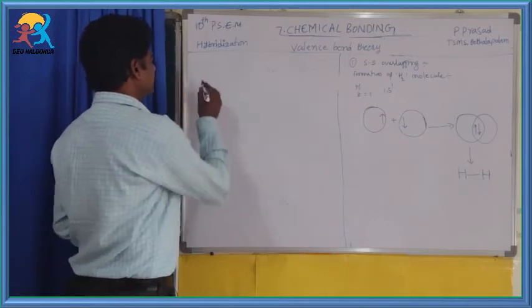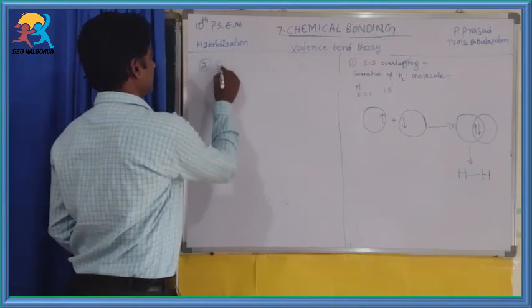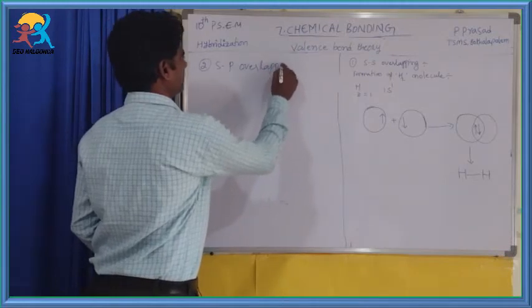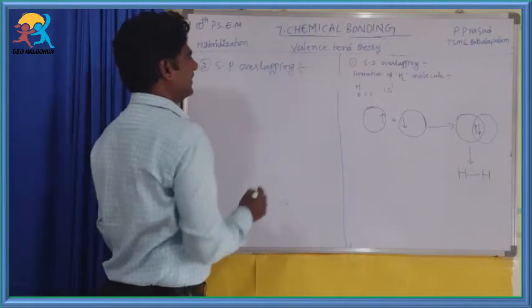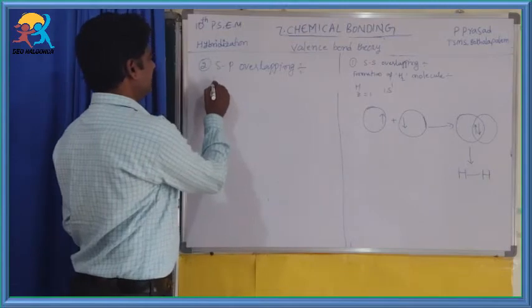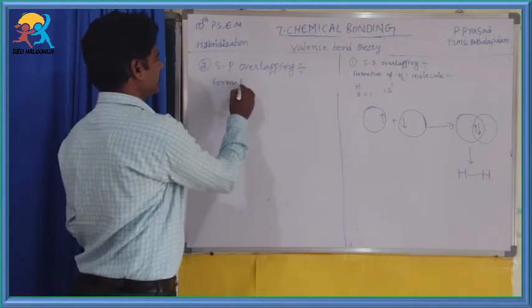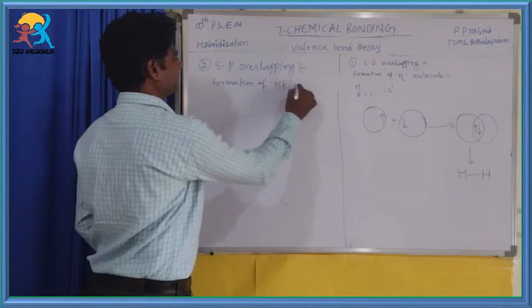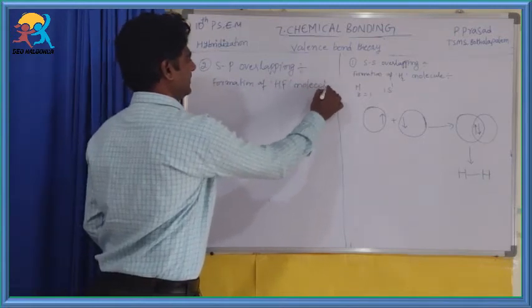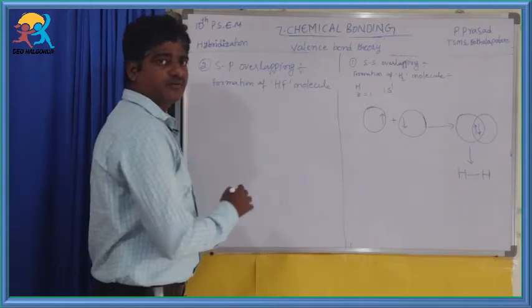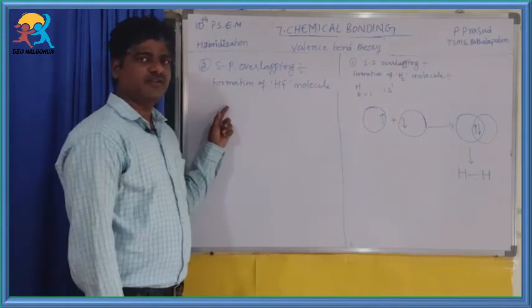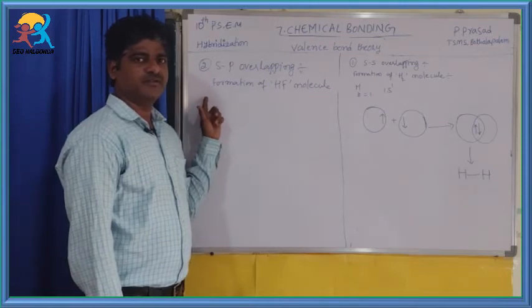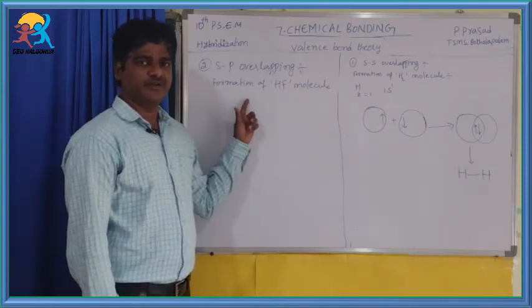The second one is SP overlapping. For that I am taking the example of the formation of the HF molecule.